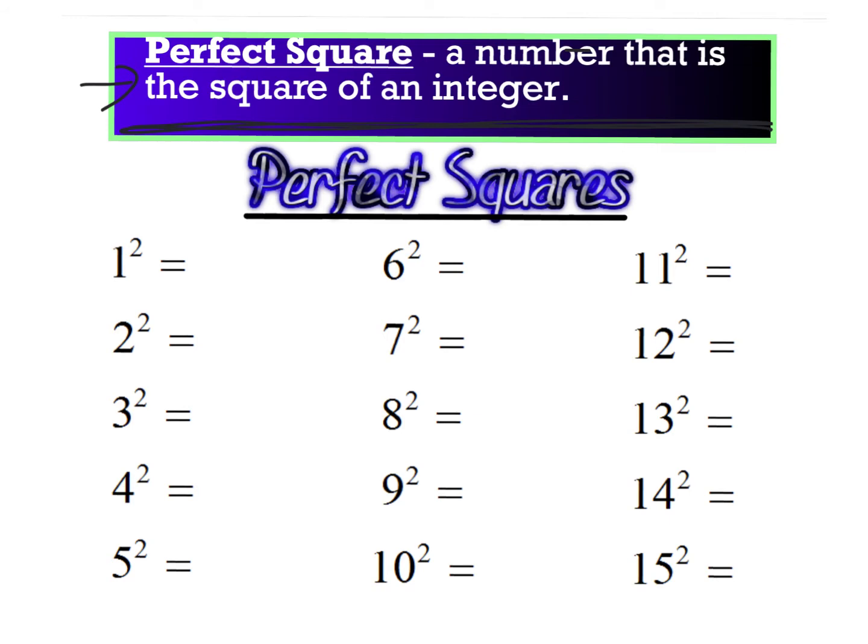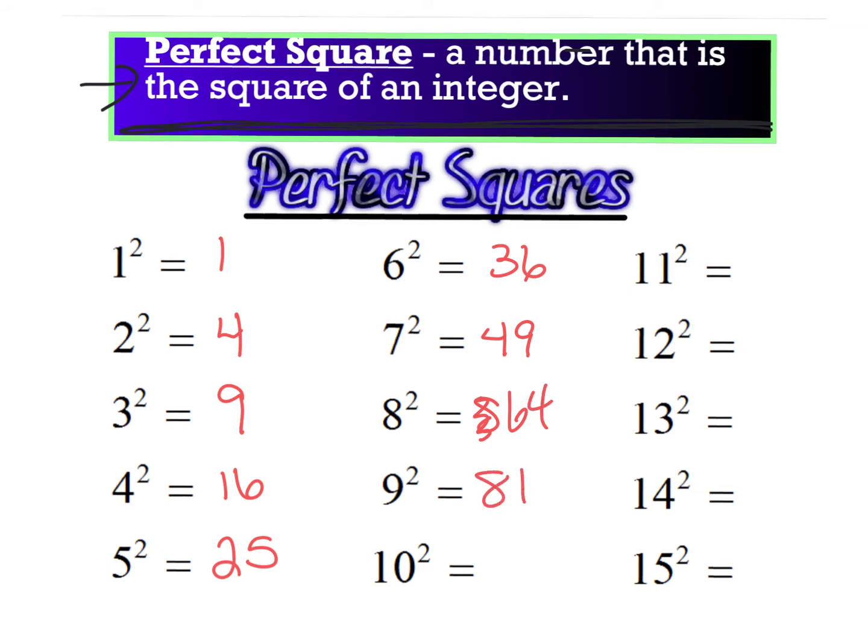So if we go through and write these, 1 squared is 1, 2 squared is 4, 3 squared is 9, 4 squared is 16, 5 squared is 25, then 36, 49, 64, 81, and 100. 11 squared is 121, and 12 squared is 144.